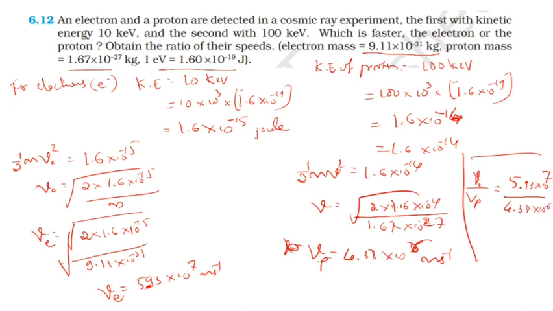So velocity of electron divided by velocity of proton is equal to 13.5 now. It does not have any unit as it is the ratio of the same quantities.